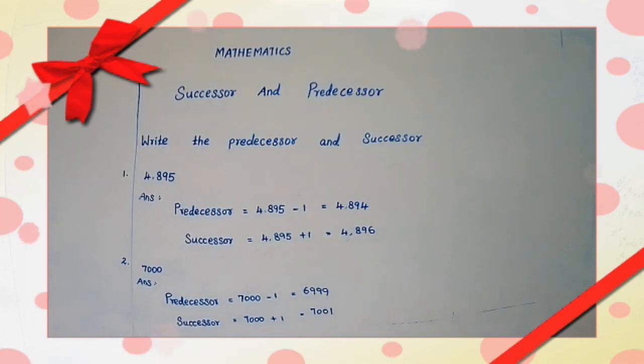Predecessor. Predecessor is equal to 4895 minus 1 is equal to 4894.